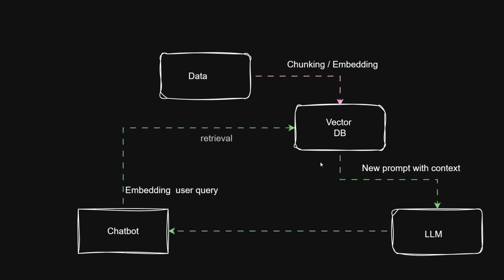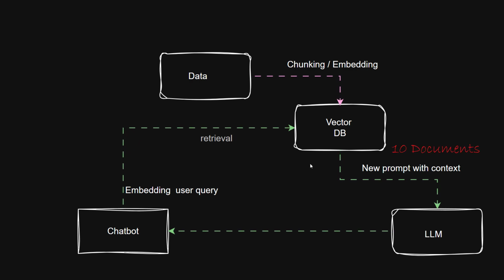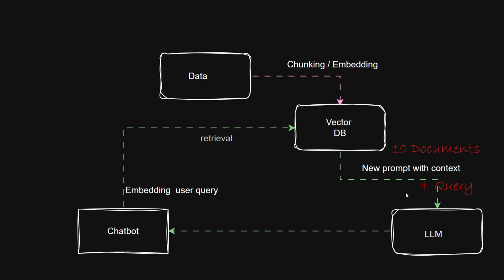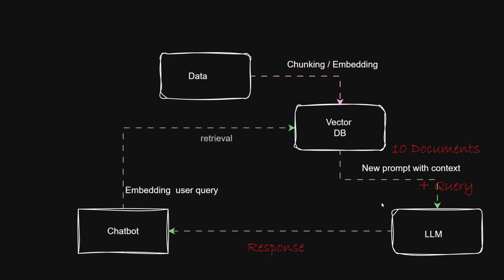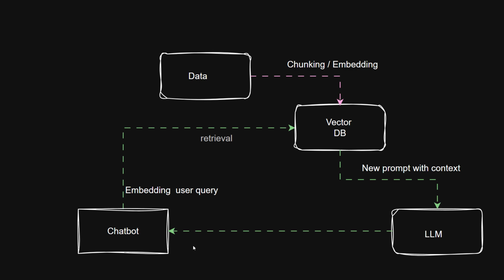For example, I searched some information and the vector database returns, say, 10 documents. Now we take these 10 documents and give them to the LLM with the query, with a new prompt. We may change the prompt for the context. Then the LLM will take the query and the information and return the data to the chatbot. So this is what RAG is.